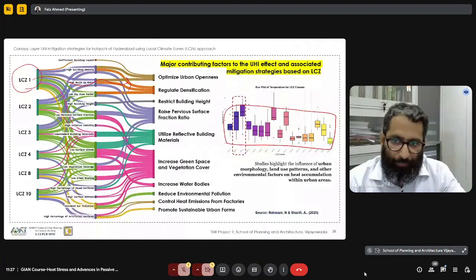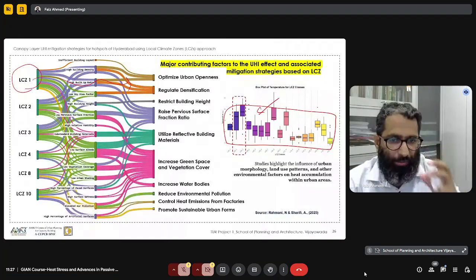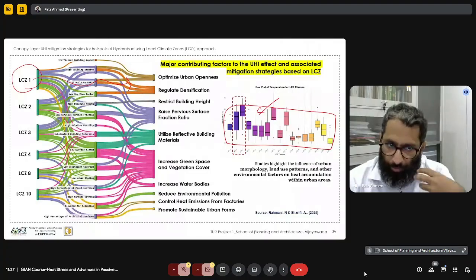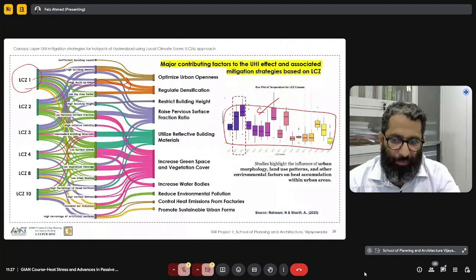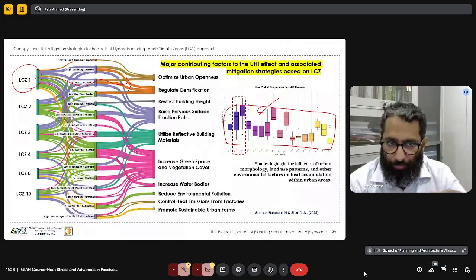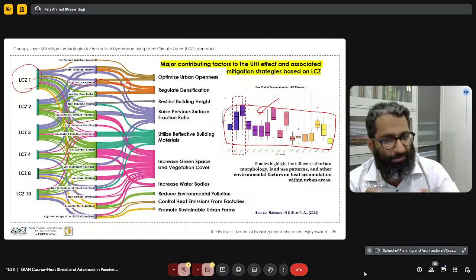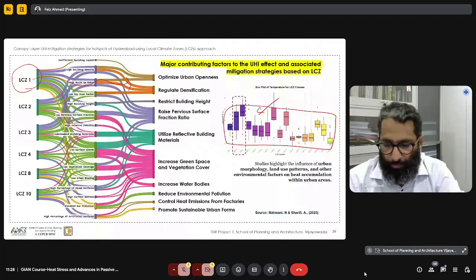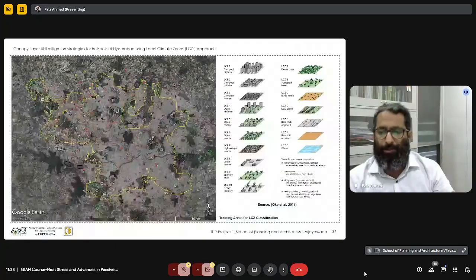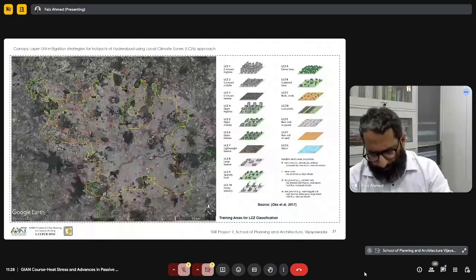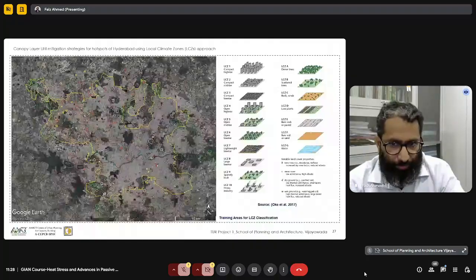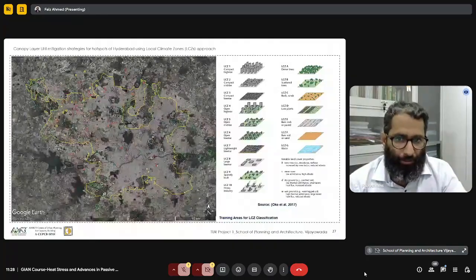Once we are able to identify how these local climate zones are formed, we will be able to suggest an appropriate strategy that may work in those local climate zones. So we adapted this, again, a well-established process in the literature.